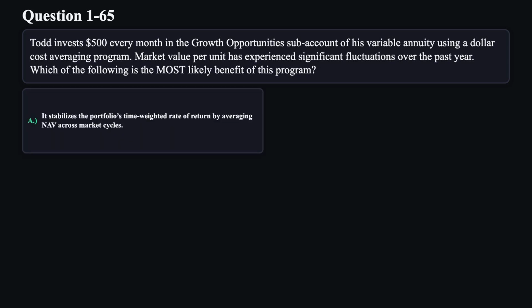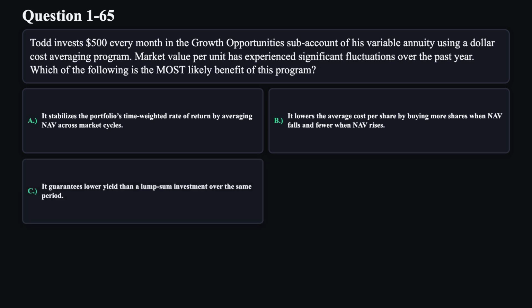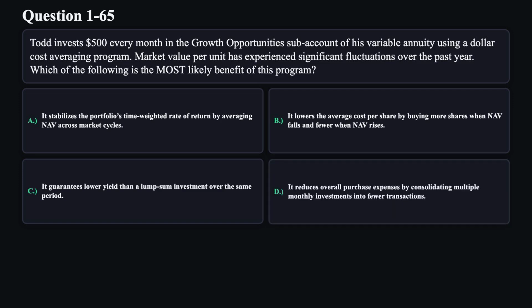A. It stabilizes the portfolio's time-weighted rate of return by averaging NAV across market cycles. B. It lowers the average cost per share by buying more shares when NAV falls and fewer when NAV rises. C. It guarantees lower yield than a lump sum investment over the same period. D. It reduces overall purchase expenses by consolidating multiple monthly investments into fewer transactions.